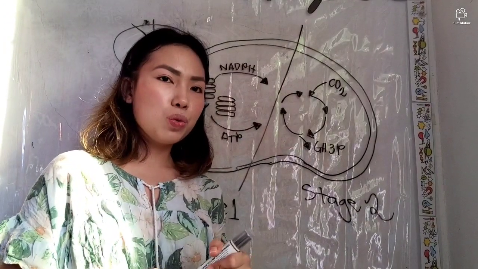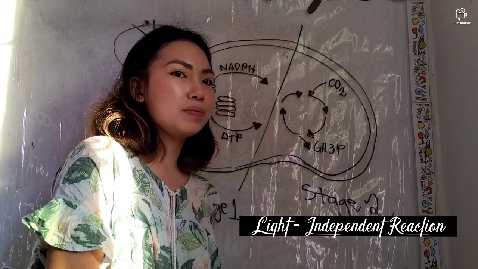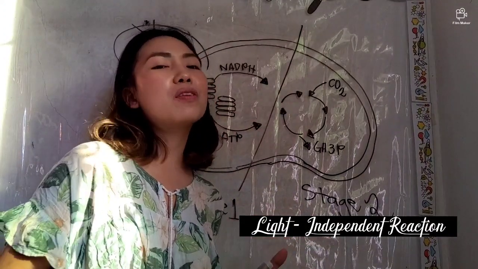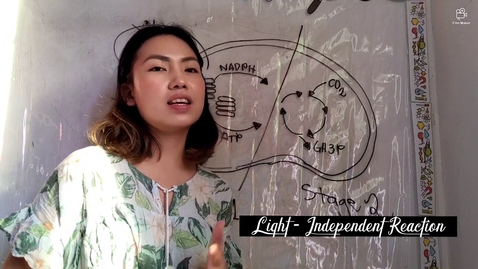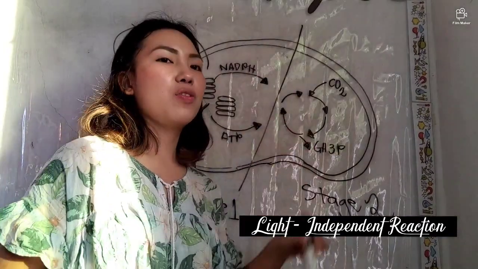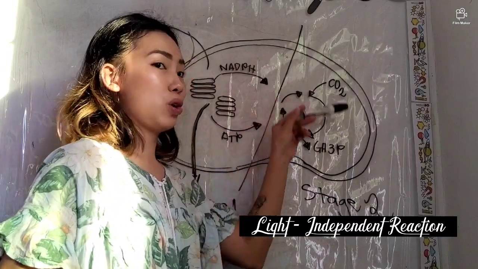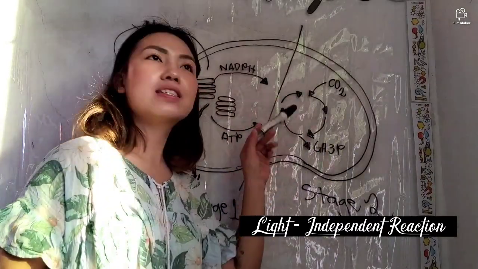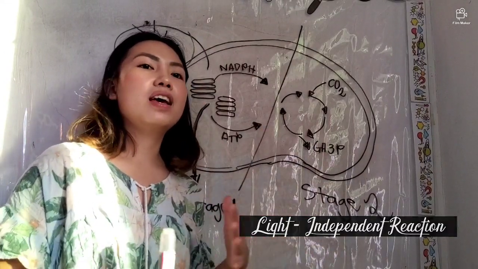Our stage 2 is called light independent reaction, or in other words, the Calvin cycle. Bakit siya tinawag na Calvin cycle? Kasi para daw cyclic yung kanyang reaction. Kitang-kita naman natin with our illustration na siya ay paikot. Sabihin cyclical, paikot yung process. Kaya sa ibang term, ang tawag sa kanya is Calvin cycle.